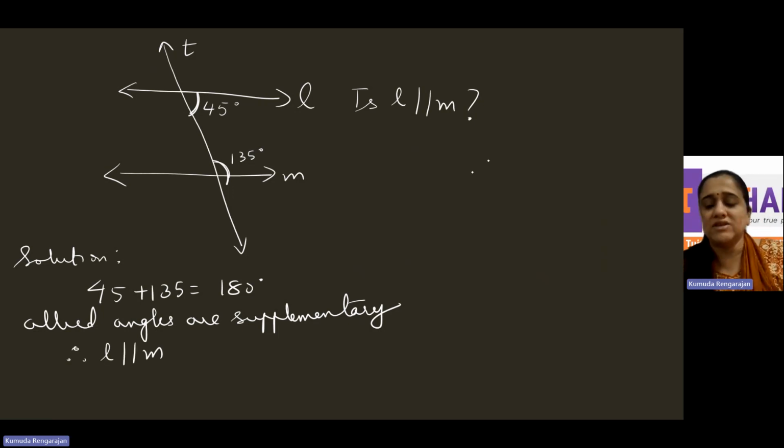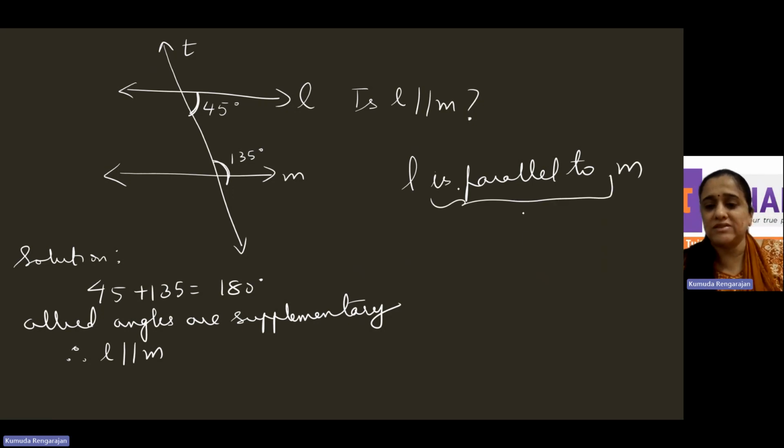This is the symbol for parallel. See, how do you read this? L is parallel to M. This symbol is not just parallel, it is read as is parallel to. See now what is this? Is equal to.